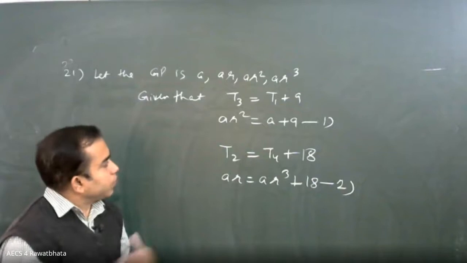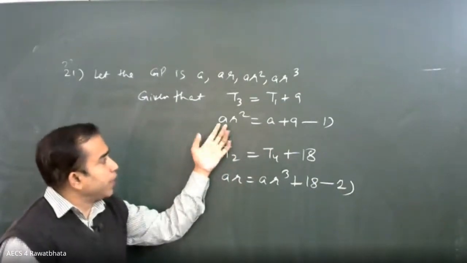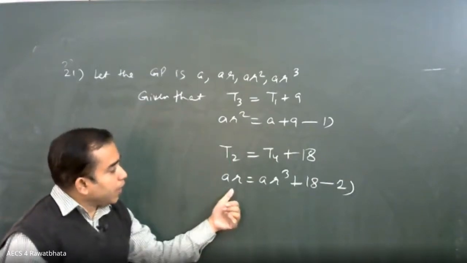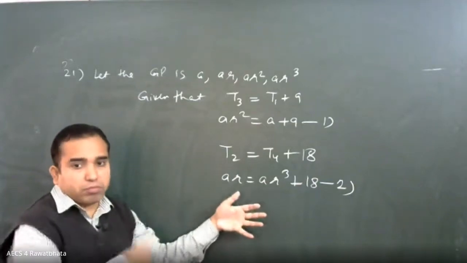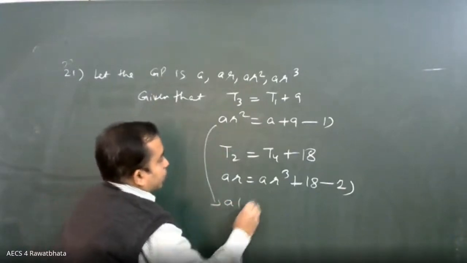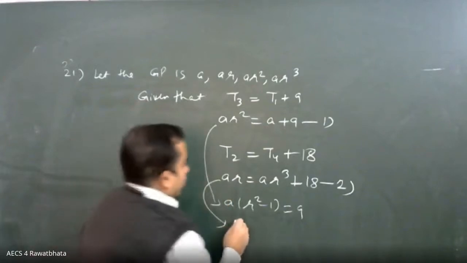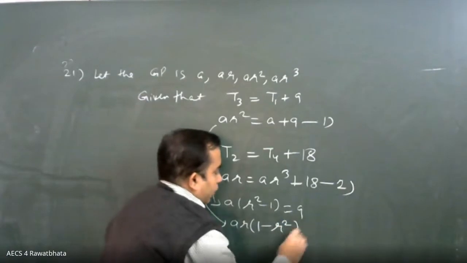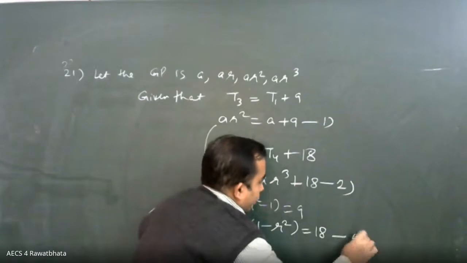Can you suggest how to solve these two equations? Divide, correct. But I will first work this out. Let me take a common with ar square, in bracket I'll get r square minus 1, and here also ar common, in bracket I'll get 1 minus r square. So it will cancel, so let me simplify a bit. This becomes a(r square minus 1) equal to 9, and equation 2 becomes ar(1 minus r square) equal to 18. Equation 3 and equation 4.